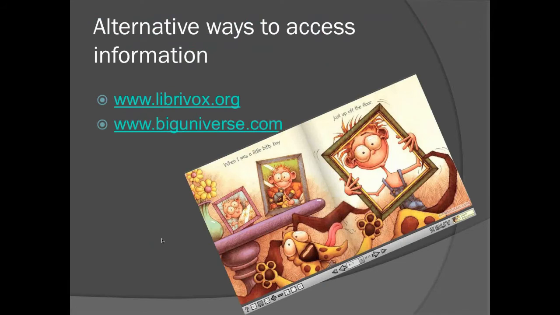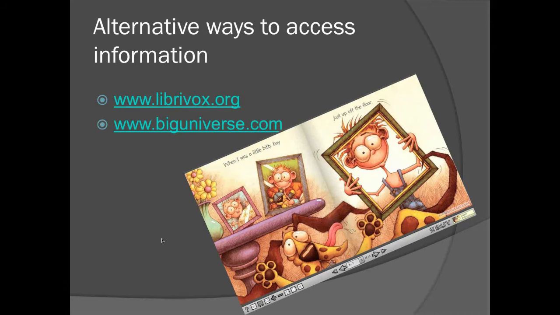One of them, biguniverse.com, has a lot of stories, both fiction and nonfiction, that students can pull up on their iPad or computer and go through. It won't read the story to them, but there are questions to the story. It gives them access to more texts than might even be available in your classroom.